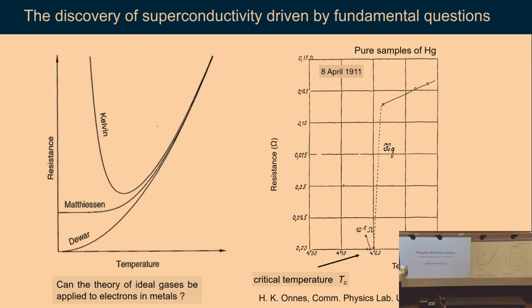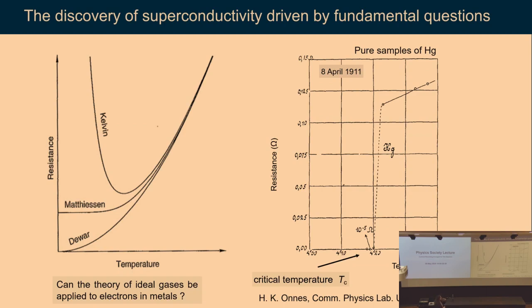Dewar thought, surely if there is no more interaction with the lattice, there won't be any more resistance, and the resistance of the material will go towards zero. Matthiessen, however, said, well, any material has defects, so eventually the resistance of a material will decrease, but it will saturate to a value given by the concentration of impurities we might have in every system.